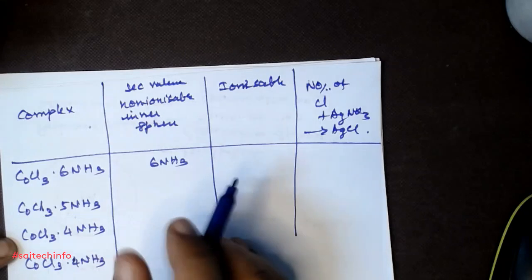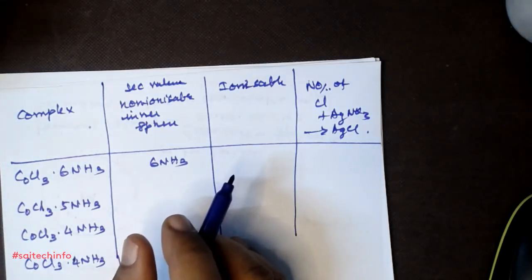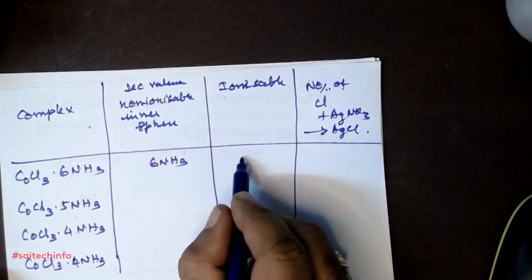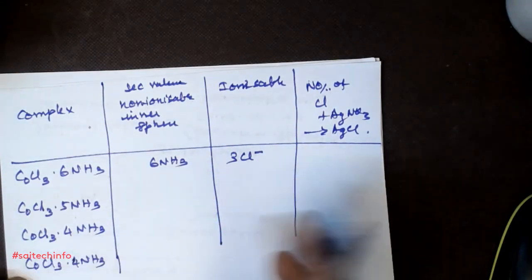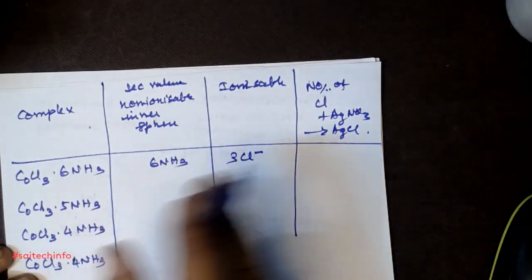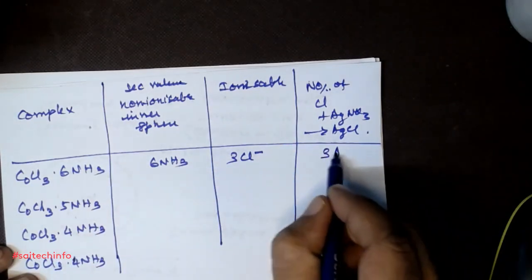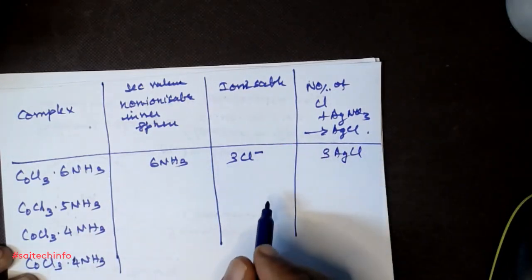Ammonia is within that, and the 3 chlorides are outside the sphere. They are ionizable outside the sphere, and thereby they can form 3 AgCl because they are freely available.